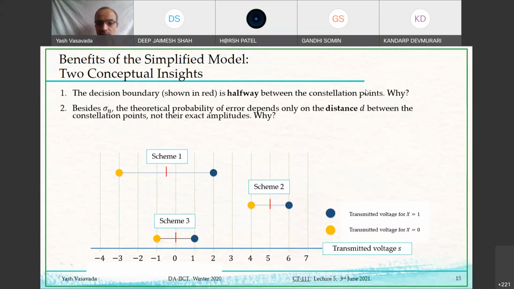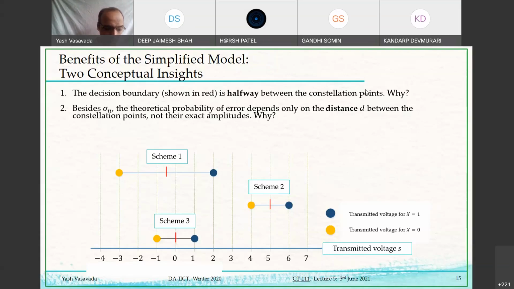And just as we said that the principle of minimum Euclidean distance holds irrespective of where the constellation points are, even the performance also depends only on the distance between the points. It doesn't matter what their absolute locations are.